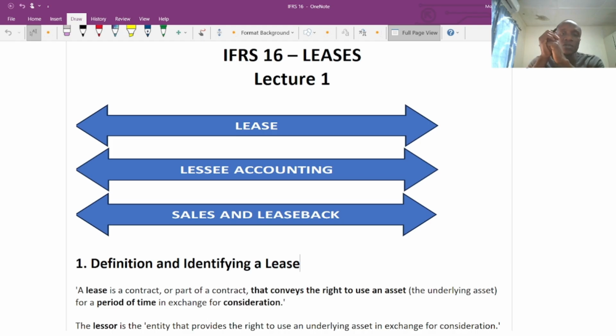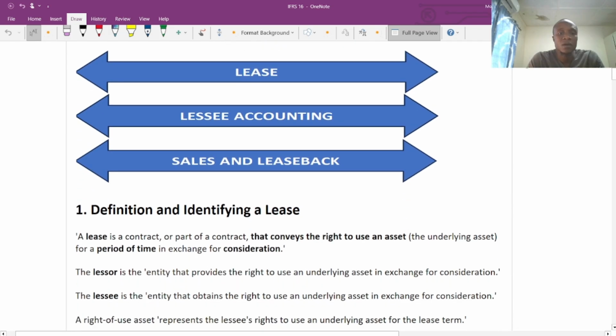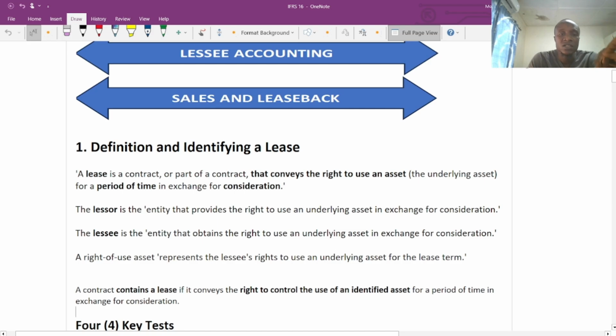Very important concept and very important accounting standard for financial reporting, audit and assurance, strategic business reporting, and advanced audit and assurance examinations. So it is important you pay attention to the concept. We are going to look at the definition of leases, and also how we can identify a lease transaction, which is very important for the examination.